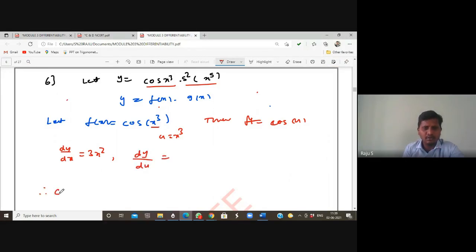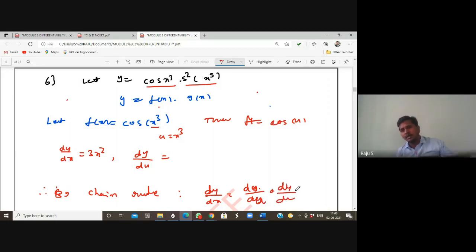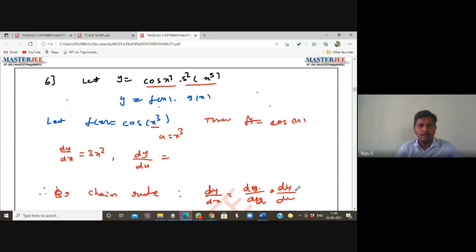Therefore, by chain rule, dy by dx can be written as dy by du into du by dx. Okay, here we got du by dx as 3x square. What is dy by du?